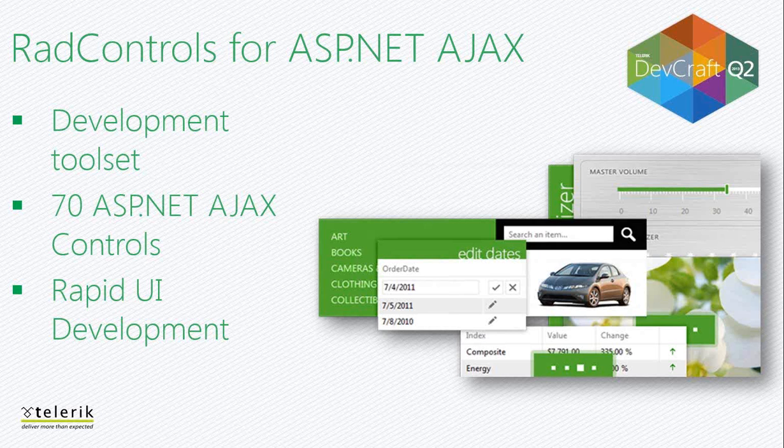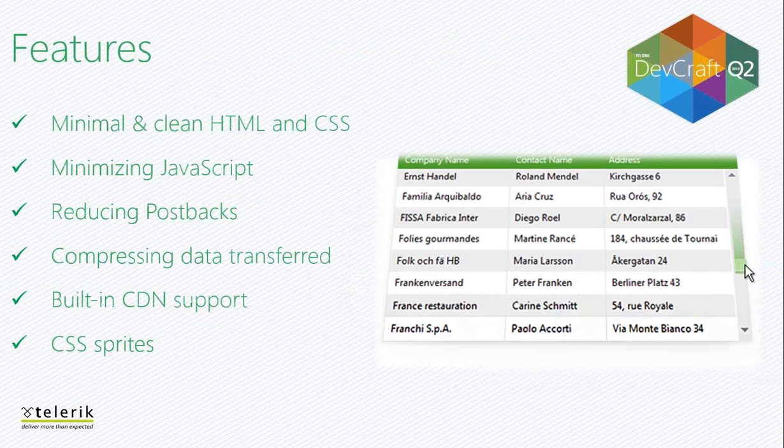We pretty much have all the controls that you can think of. We try very hard to keep it minimal in terms of HTML and CSS. We try to give you minimal and clean HTML. We try to minimize JavaScript as far as possible. We are going towards the HTML5 way. Wherever we can, we use the data dash attributes. We are trying to see if we can reduce postbacks, meaning not the full page postbacks.